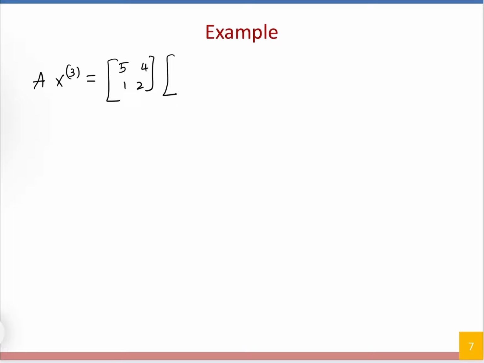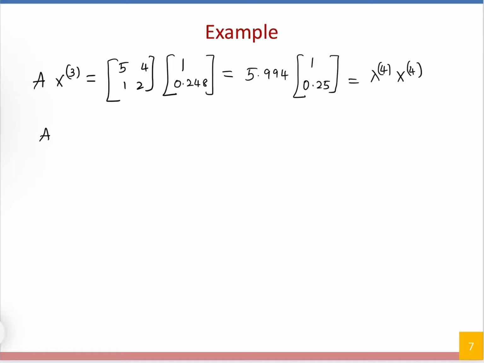A times [1; 0.248] is approximately 5.994 times [1; 0.25]. This is a fourth approximation, right? Earlier we found the third approximation, this is the fourth approximation. Let me call this lambda 4 and x4.